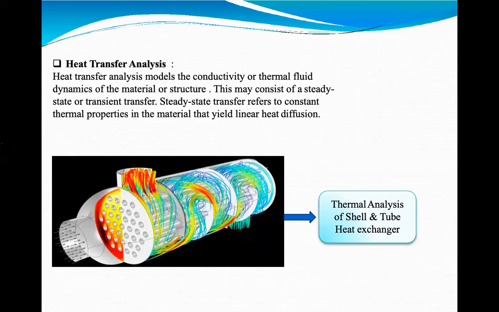We were also always assuming that the problems are 1D, where temperature varies in only one direction, but in reality temperature might vary in all directions. So in all these cases, whenever we have complexity, we will take the help of heat transfer analysis using the finite element method.